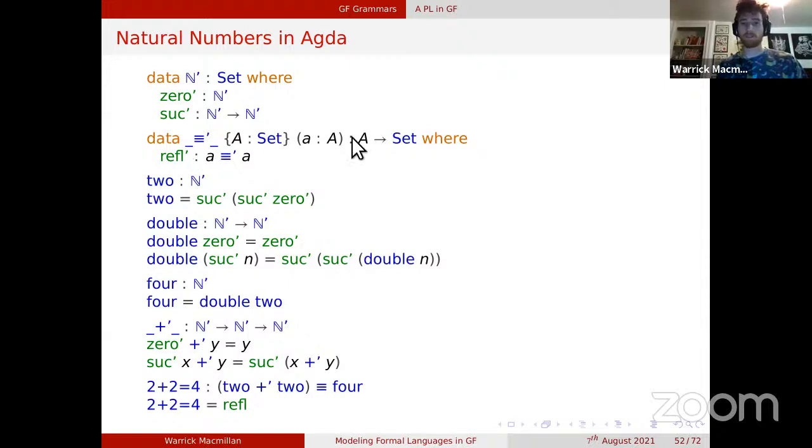The equality type has all this data, so it's polymorphic over the universe. You can define equality over any type, and given any member of that type, you can produce a type that is basically a predicate over the type.